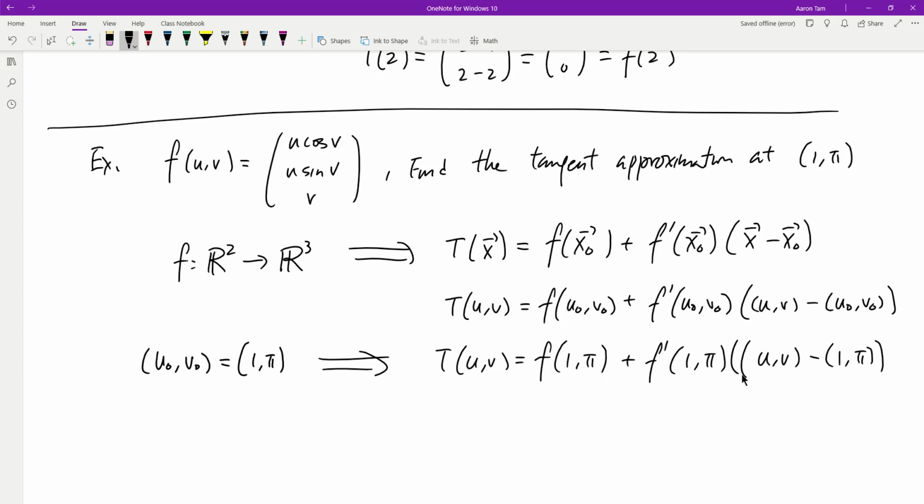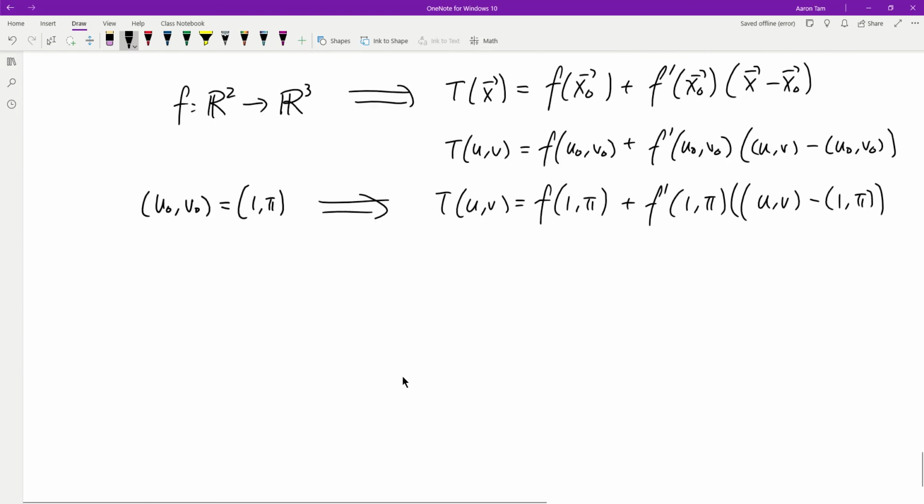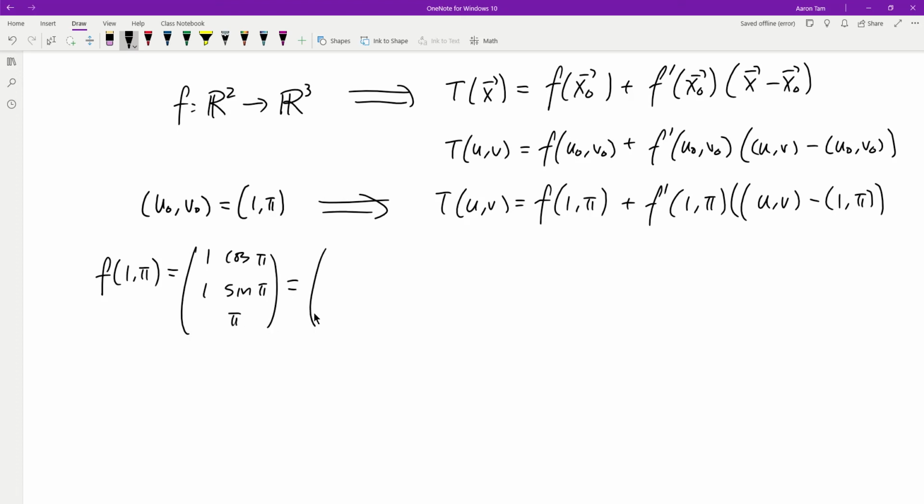So now let's try to find what we need to plug in. Let's start with f of (1, pi). f of (1, pi) would equal 1 cosine pi, 1 sine pi, pi. So what's that equal to? Cosine pi will actually be -1, sine pi will actually be 0, and then pi obviously is pi.